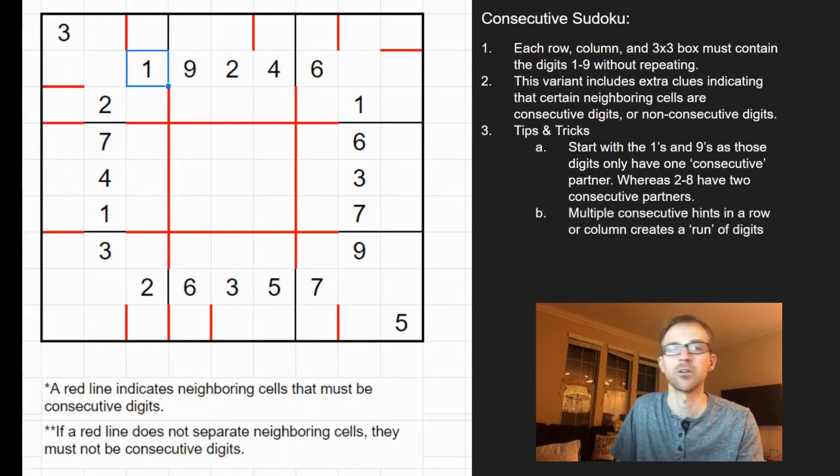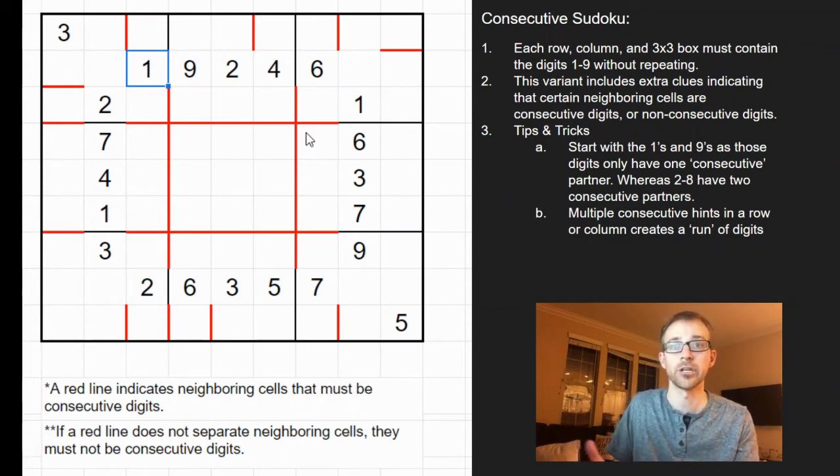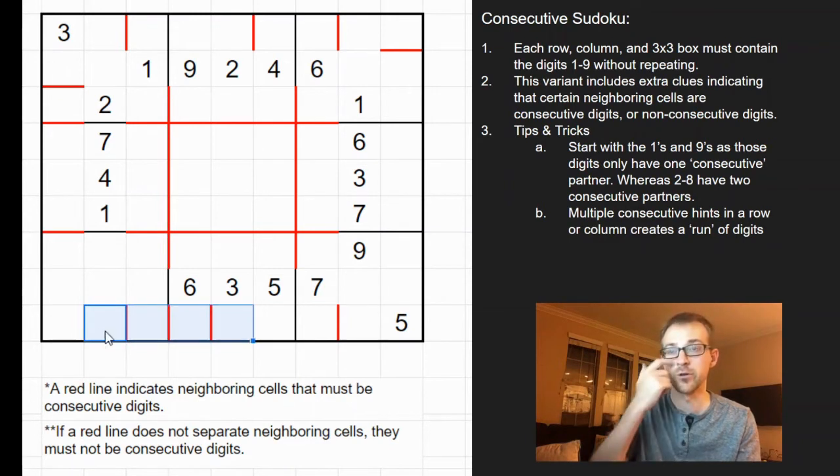The second thing I look for is whenever there are multiple clues in a row or column right next to each other, it creates a run. What I mean by that is if I just delete these two and I look at these 4 cells, I know that these have to be consecutive going up or down in order.